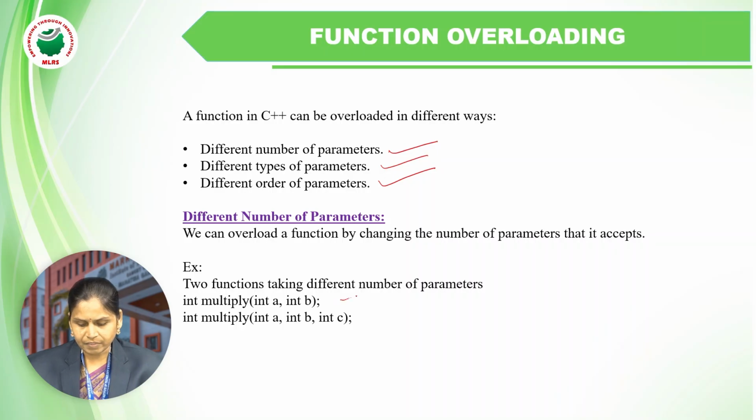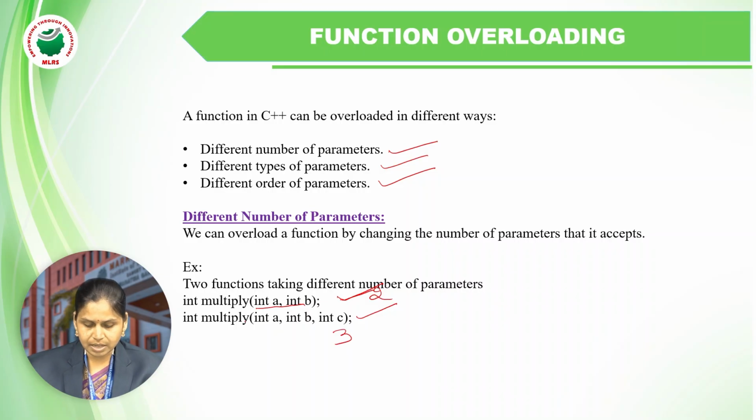Here, when we observe this example, int multiply(int a, int b). In the second function, int multiply(int a, int b, int c). Here we are using the same function name twice, but the number of parameters is different. In the first example, the number of parameters is 2. In the second example, the number of parameters is 3.